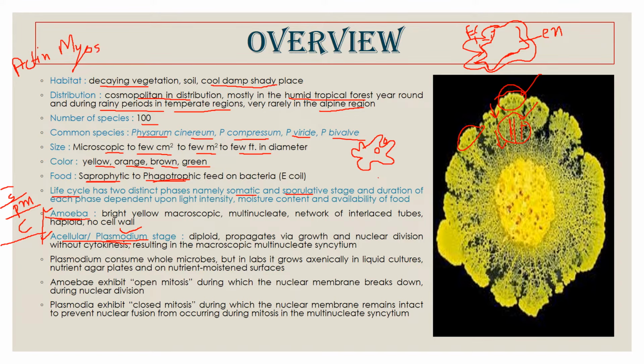We know these actin and myosin fibrils are proteinaceous substances. Both actin and myosin are ATP dependent proteins, and they bring about contraction and expansion in the gel-like portion of the ectoplasm.